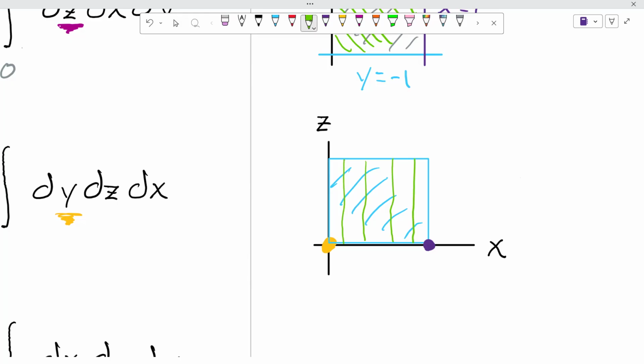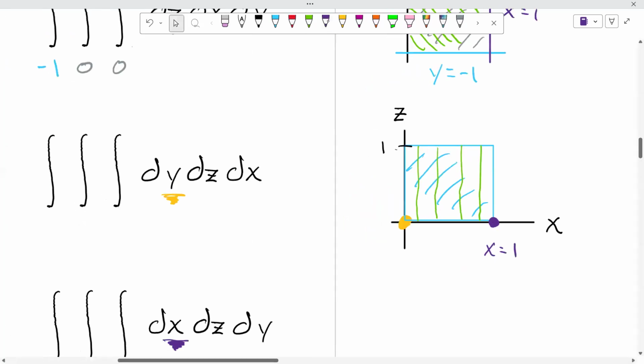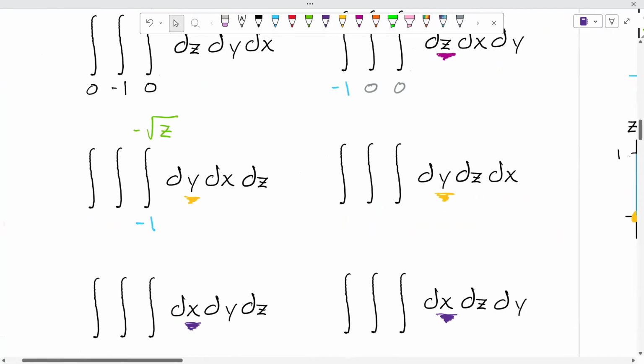So I've also got this top line up here at z is equal to 1. So again, I ended up with another rectangle that I'm integrating over.